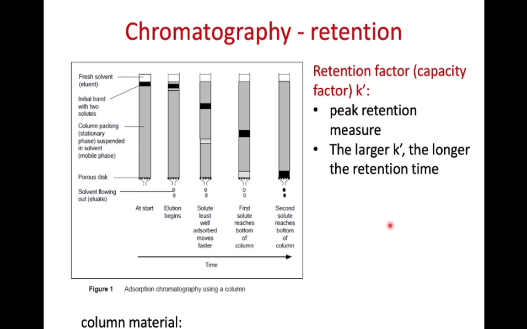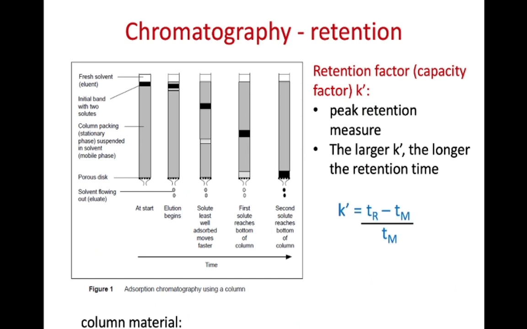Looking at retention, the retention factor is a capacity factor known as K prime, and it's a peak retention measure. The larger the K prime, the longer the retention time. Typical column materials are things like silica or alumina.